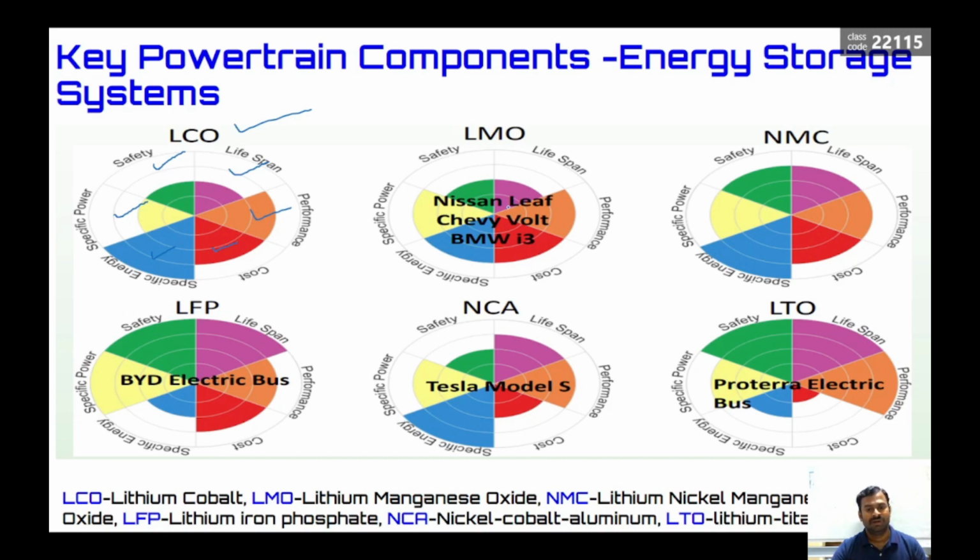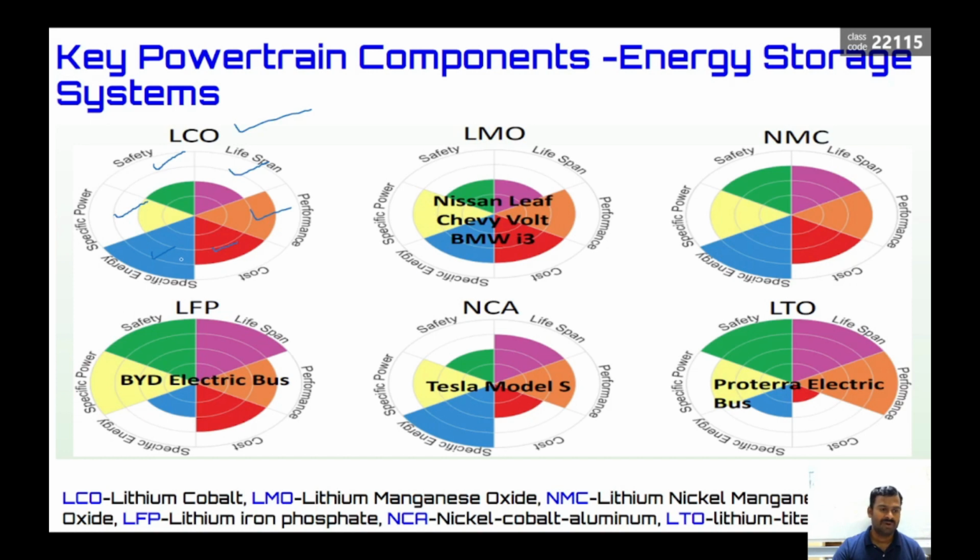For the LMO, that is lithium manganese oxide, is given here. When you see this comparison, the specific energy is very high in LCO batteries. For LMO, the specific power, specific energy, cost, and performance are all almost in a good range.